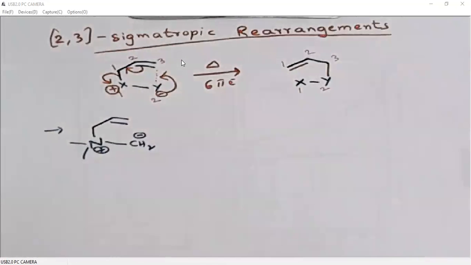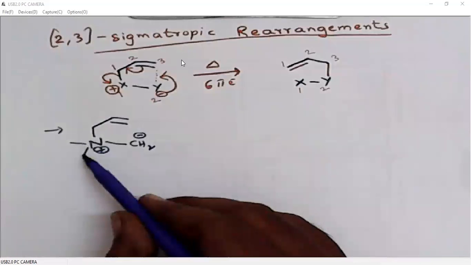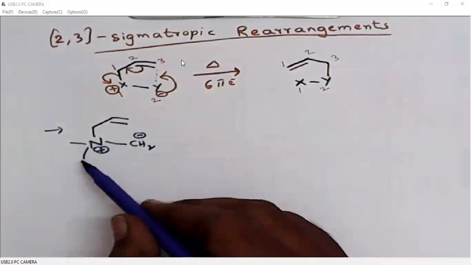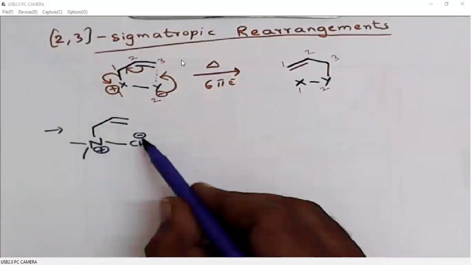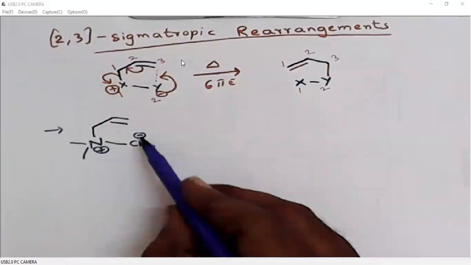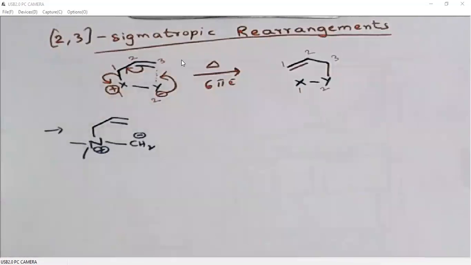We can easily prepare this. If you have an amine, then when we treat this amine with methyl iodide, N-methylation takes place. Because of the positive charge, we can easily generate a negative charge next to the positive charge. Just treat with a base, then the base will pick up the proton here, so it generates a negative charge. So these quaternary ammonium halides can be easily prepared.